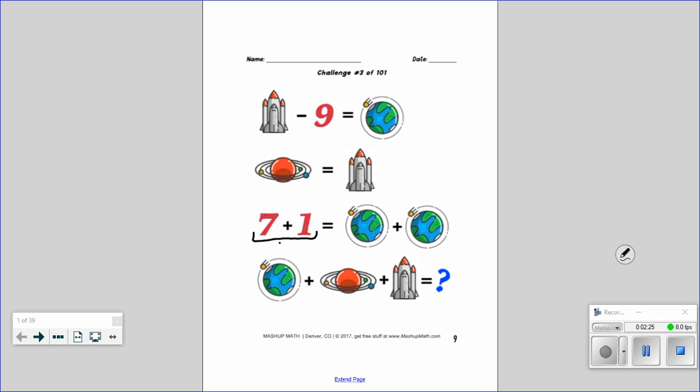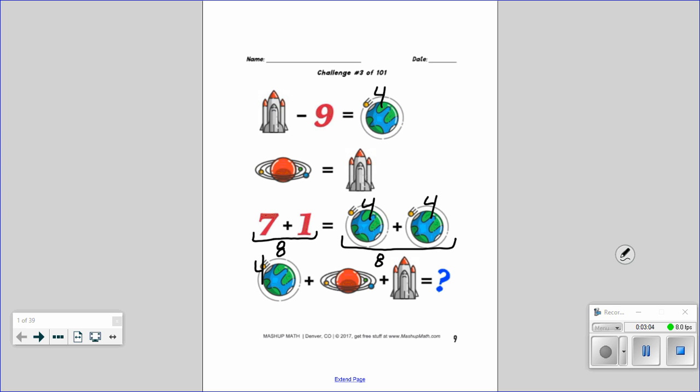Well, if it's equal, then we know that this side has to equal 8. Does that mean that Earth is equal to 8? No, because 8 plus 8 doesn't equal 8. What is a number that when I double it is going to be equal to 8? Well, 4. Go ahead and write a 4 on all the Earths, because remember, if one Earth is 4, all the Earths are 4.